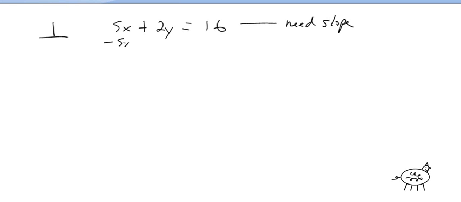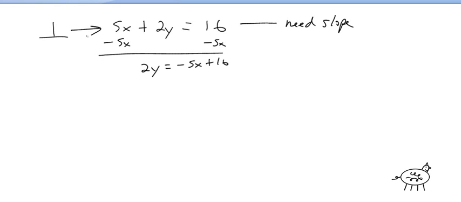So I'm going to subtract 5x. So I get 2y is equal to negative 5x plus 16. Oh, I didn't tell you. It's perpendicular to this, and it passes through the point 5 comma negative 2. Okay, I definitely need to tell you the point.